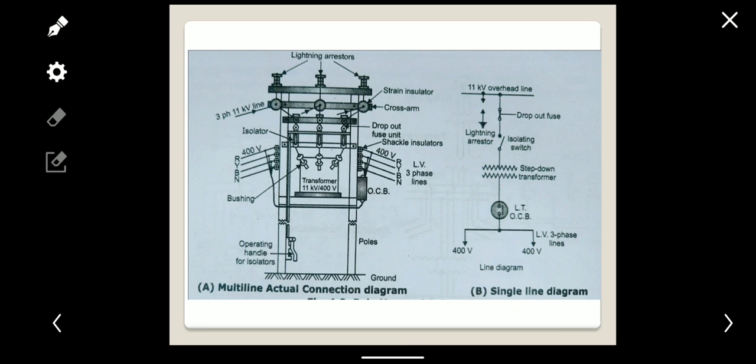It is most popular in city areas which require small space, with no obstacle to incoming and outgoing lines, and provision of a strain insulator on the cross arm to receive the 11 kV feeder line, which then goes to the transformer. The first diagram shows the multi-line actual connection diagram, and the second diagram is the equivalent diagram, which is nothing but a single line diagram.